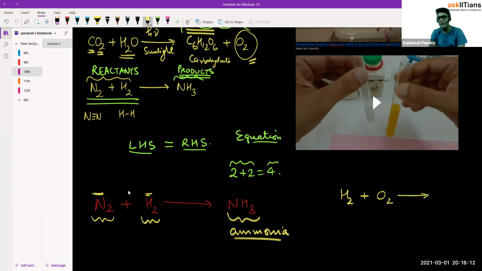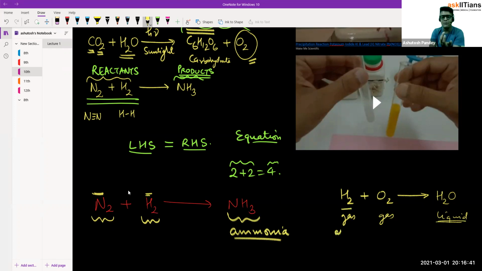But when they combine with each other, they form H2O, which we can use as a fire extinguisher. It is not going to help fire. So the property is totally changed now, because initially it was gas, and that was also gas, but when they combine with each other, it has a liquid state at room temperature.